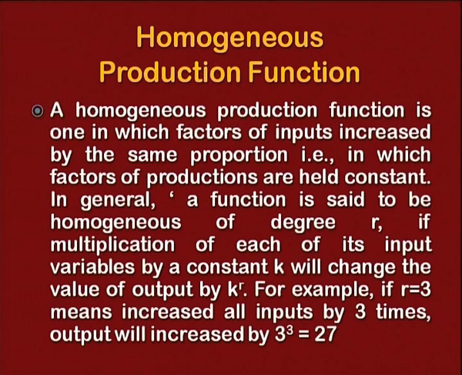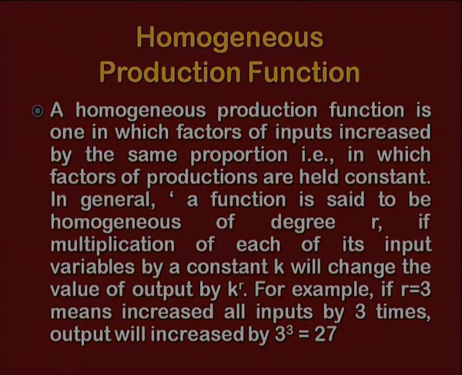In general, a function is said to be homogeneous of degree r if multiplication of each of its input variables by a constant k will change the value of output by k raised to the power r. For example, if r is equal to 3, it means if we increase all the inputs by 3 times, the output will increase by 3 raised to the power 3, which is equal to 27.